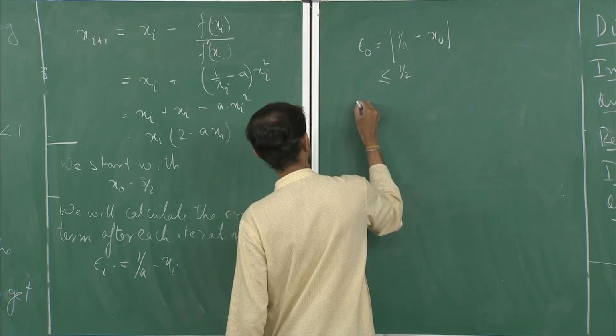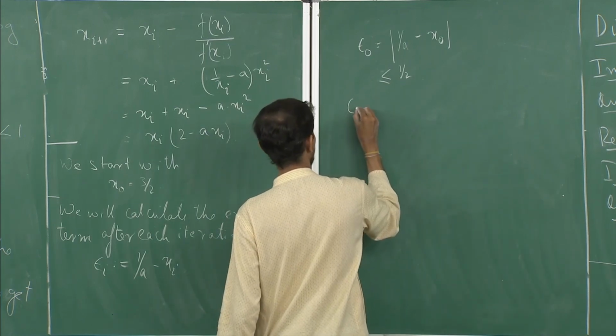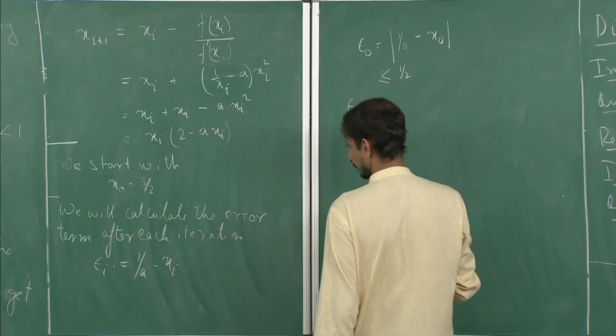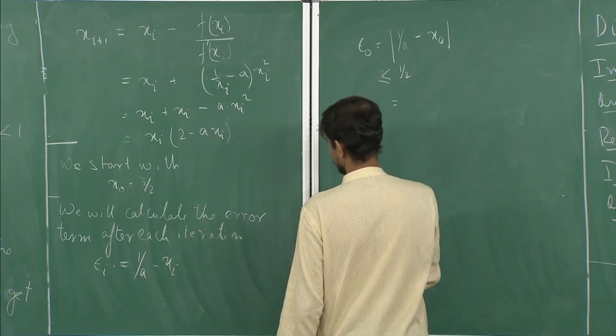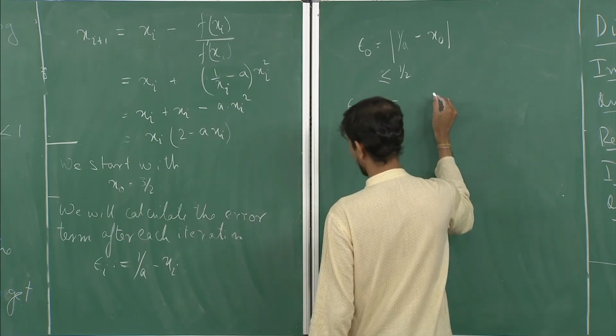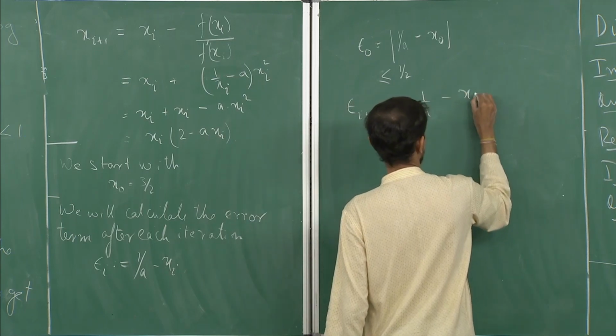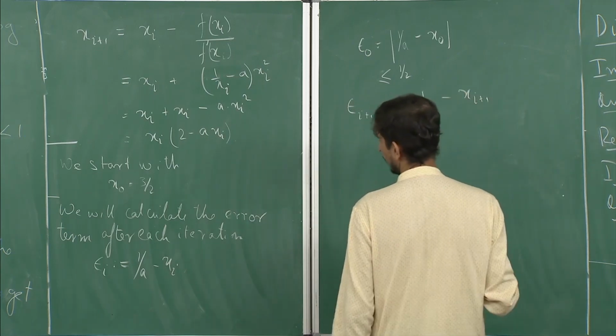Now we will try to estimate what epsilon i plus 1 is in terms of epsilon i. So epsilon i plus 1 will be 1 over a minus xi plus 1.